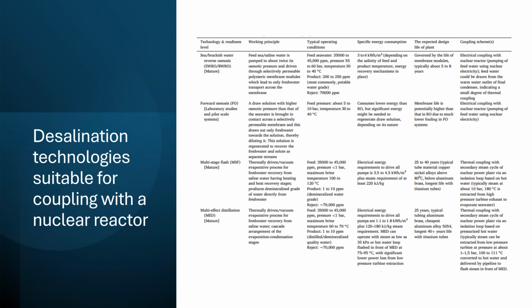In the case of multi-stage flash, it is thermally coupled with the secondary steam cycle of a nuclear power plant. It has to be through an isolation loop, as I told you, due to the concern of radioactivity leakage. Typically, steam at 10 bars and 180 degrees is extracted from the high pressure turbine.